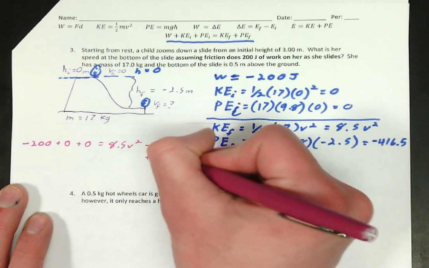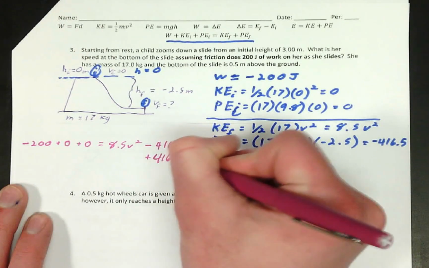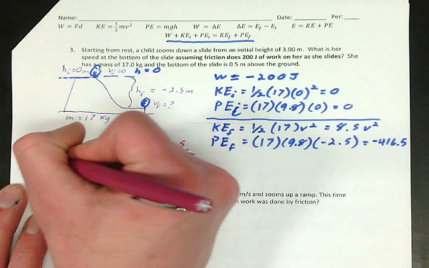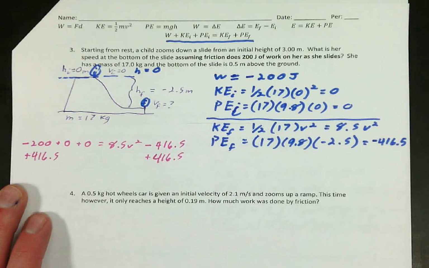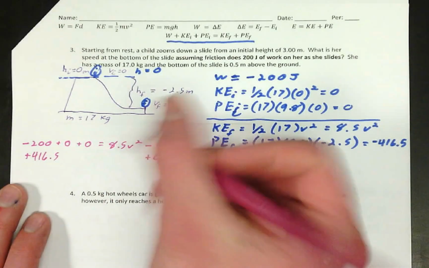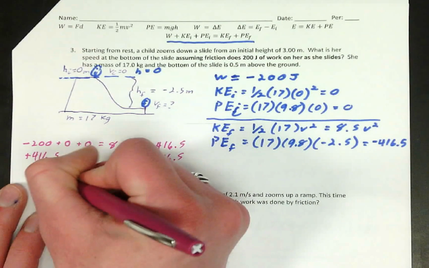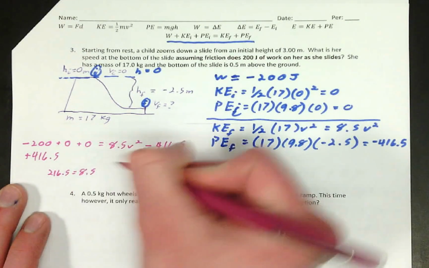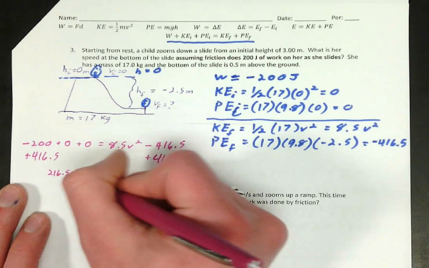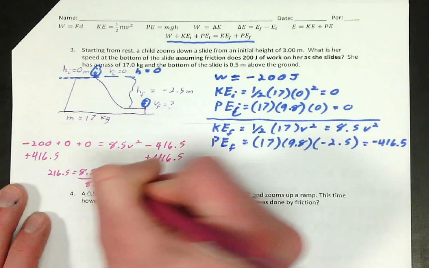So add the 416.5 to both sides. Gives you 216.5 equals 8.5 v squared. Divide both sides by 8.5.